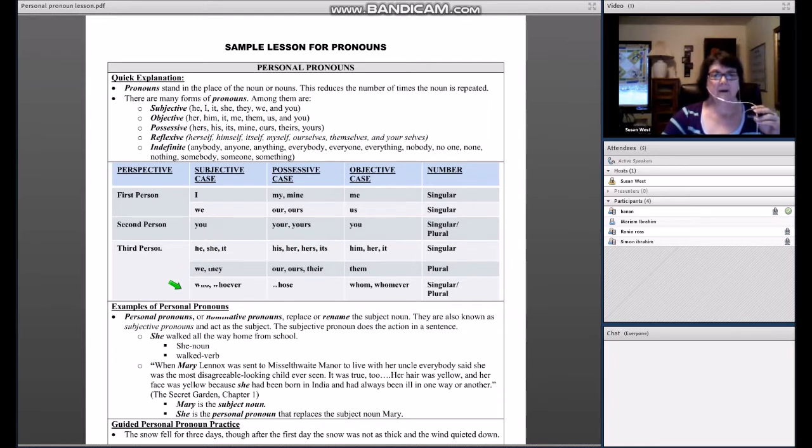Does everyone understand and have a little bit of an idea of how to use pronouns? Type yes in the chat if you do, please.